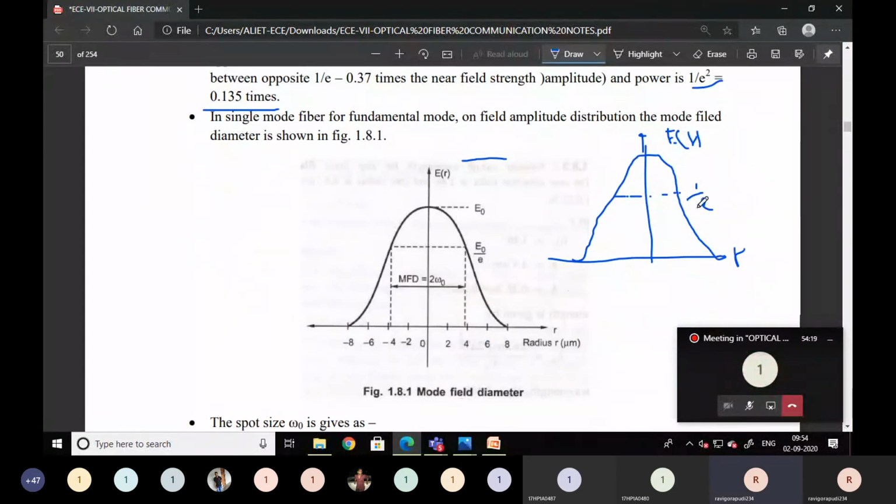MFD we are going to calculate at 1 by E. So this is one omega naught, and this is another omega naught. That is called as spot size.